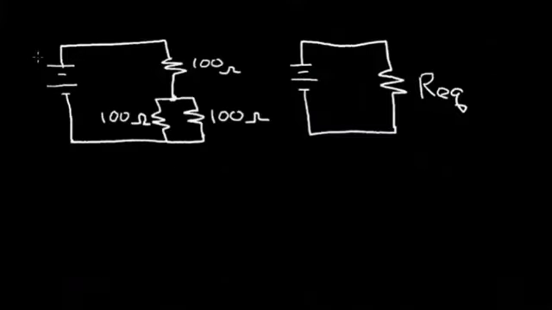Let's do a sample problem involving series and parallel resistors. The circuit at the left has two 100 ohm resistors that are in parallel, and they're in series with another 100 ohm resistor. And we want to find Req, which is the equivalent resistor that would replace these three 100 ohm resistors.